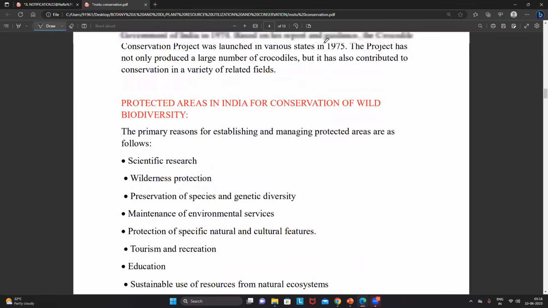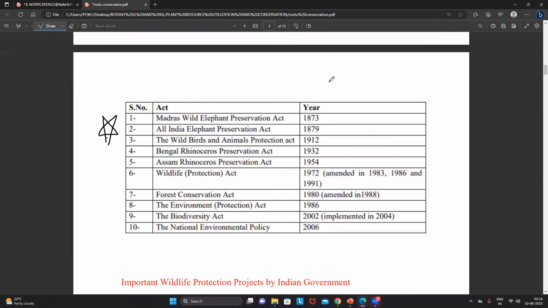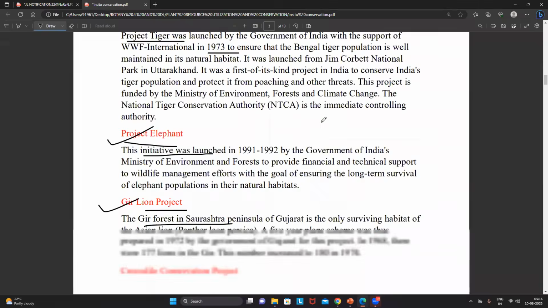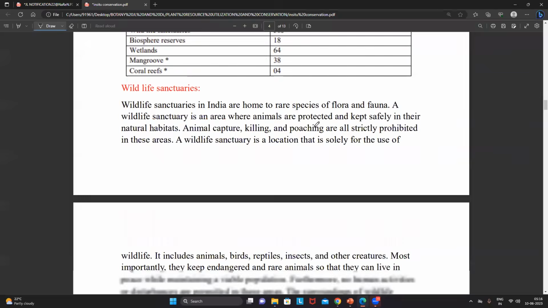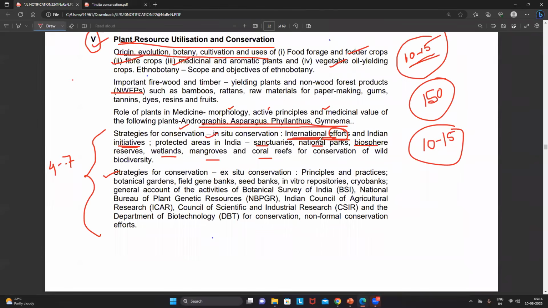So remember, I'm telling you what exactly you have to read in the in situ conservation. First table compulsory. Then followed by the second table, the most important table: the total number of national parks, wildlife sanctuaries, biosphere reserves, wetlands, mangroves, coral reefs. This is what exactly is given in the syllabus.